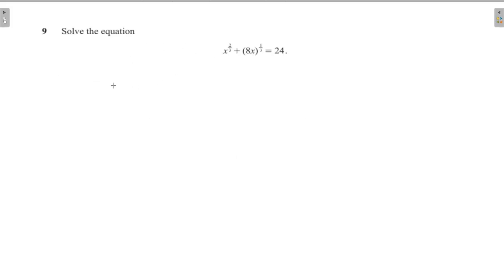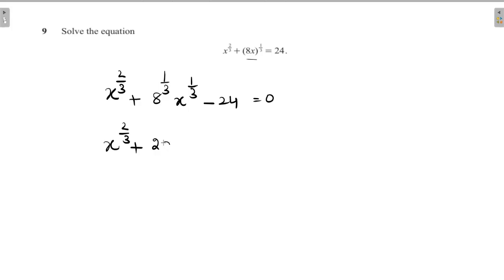Now solve the equation x^(2/3) + 8x can be written as 8^(1/3) x^(1/3) − 24 = 0. So x^(2/3) + 8^(1/3), the cube root of 8, which is 2, into x^(1/3) − 24 = 0.